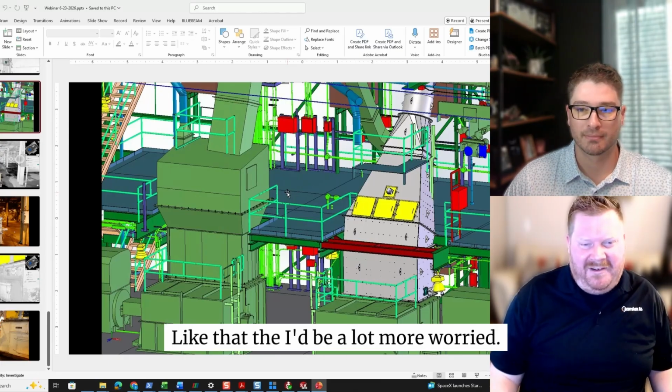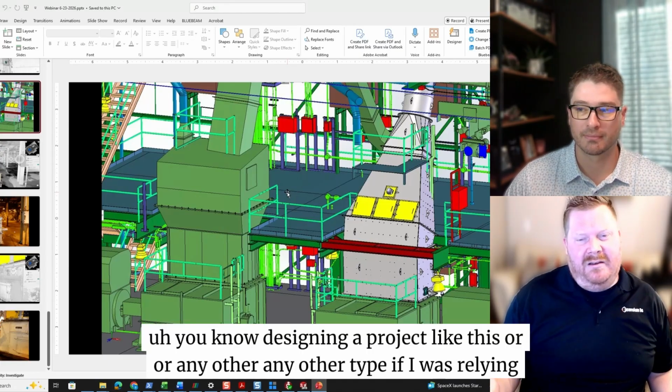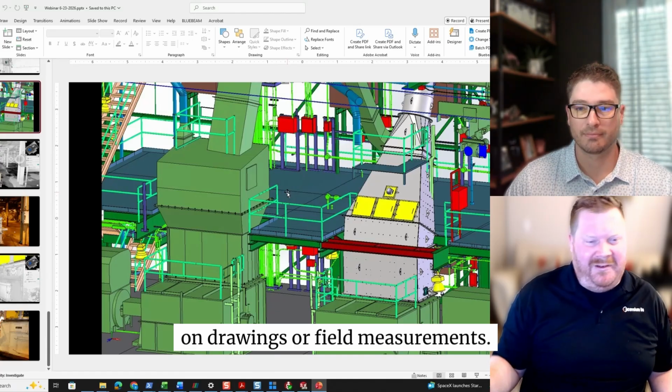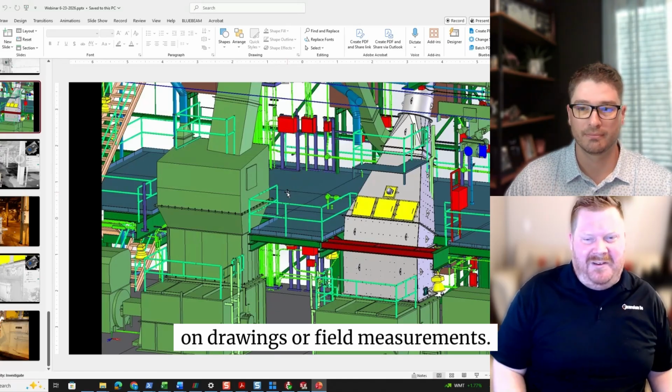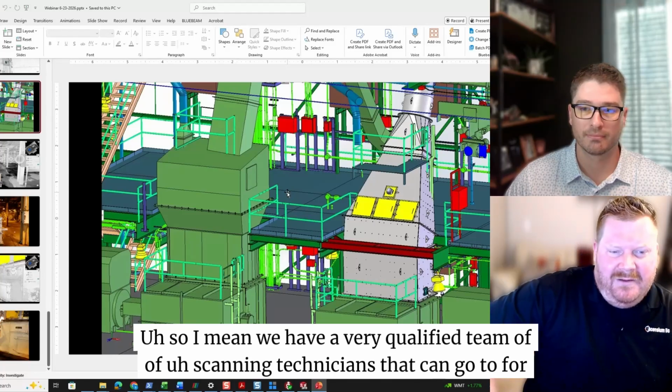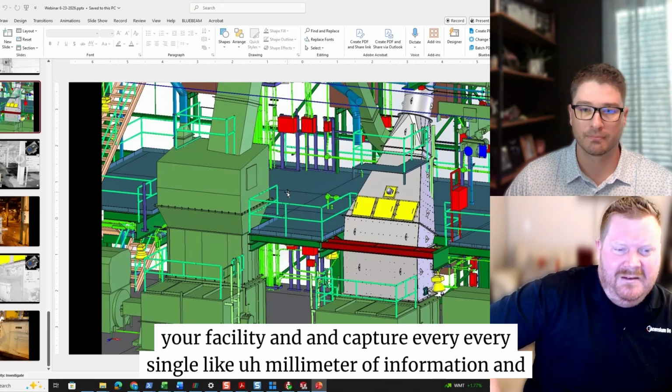Given the stakes, I'd be a lot more worried designing a project like this or any other type if I was relying on drawings or field measurements. We have a very qualified team of scanning technicians that can go to your facility and capture every single millimeter of information.